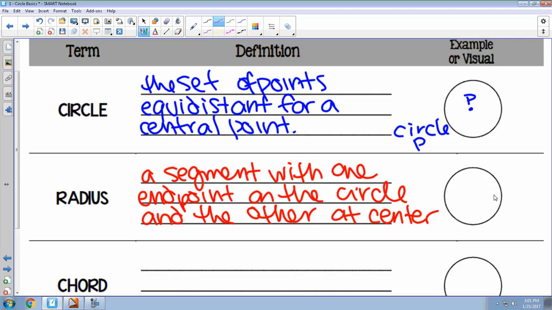So if we're keeping with calling this circle P, your radius goes from P, oopsies, to say point A right there. That is one radius. Remember, with your radii, you can have multiple all the way around your circle. They can be drawn from your center to any point along the edge. The plural here, just so that you have it, is radii with two i's at the end.